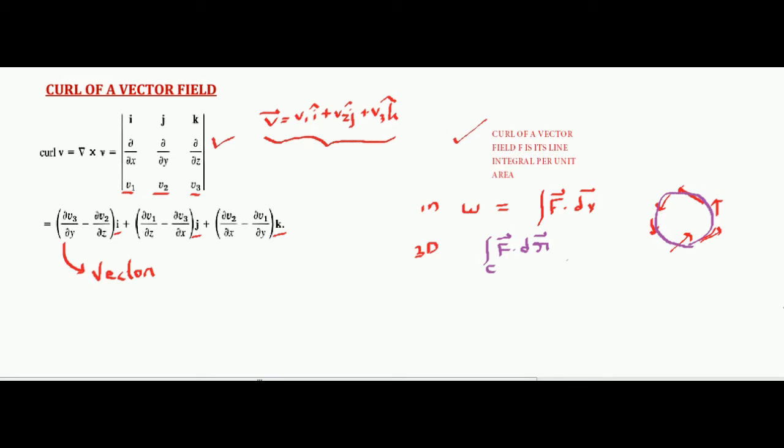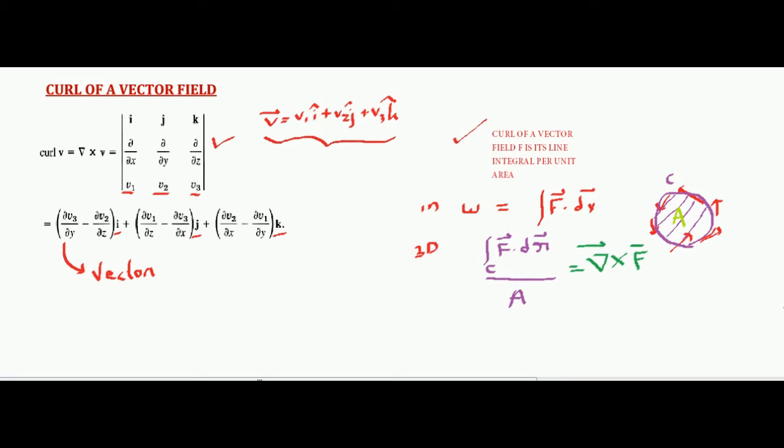Agreed? Now curl is line integral per unit area. So for example, the area here is the area enclosed by this curve. If this is the curve C, then the area enclosed is the area A. So line integral per unit area gives you curl, that is del cross F. So what is the physical meaning of curl of a vector field?